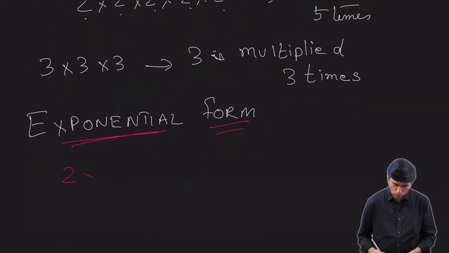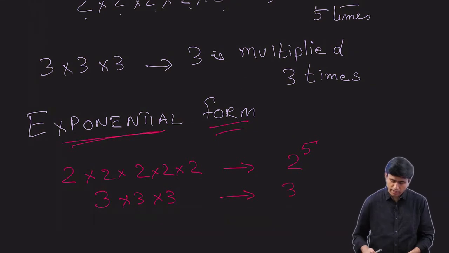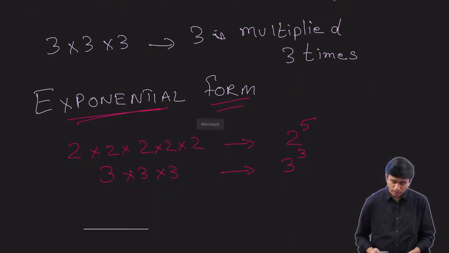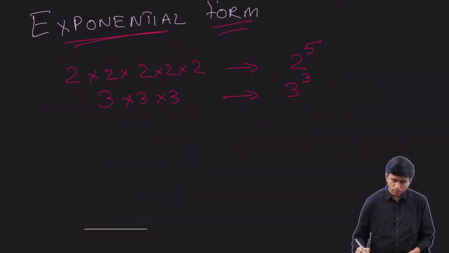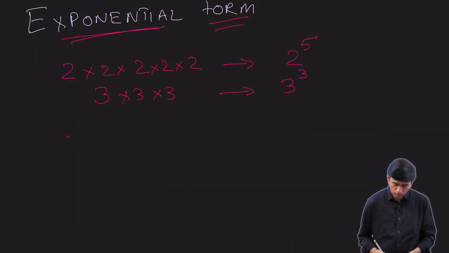So 2 into 2 into 2 into 2 into 2 can be written as 2 to the power of 5, or 2 raised to 5. 3 into 3 into 3 can be written as 3 to the power of 3, or 3 raised to 3. This is how you write it in exponential form.